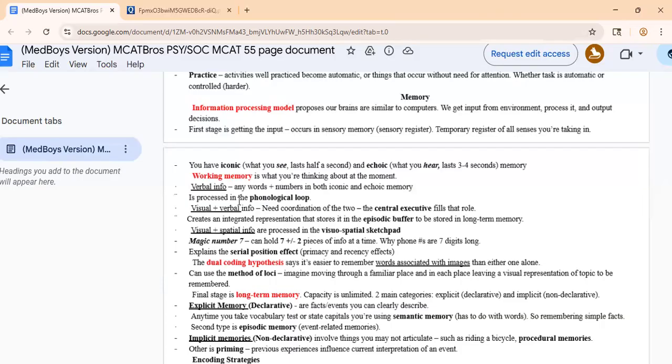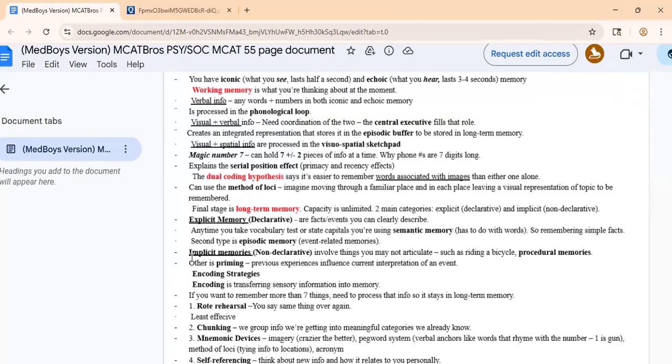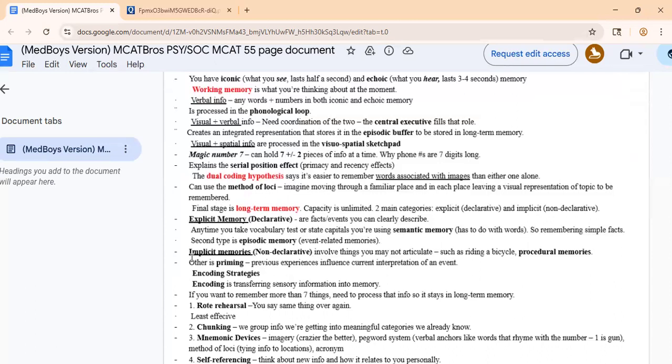Explicit is also called declarative, and implicit is called non-declarative. It's important to know that explicit memory is declarative, because the two terms are interchangeable. So explicit is declarative, implicit is non-declarative. Explicit memories are facts and events.